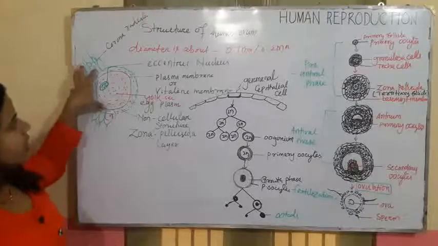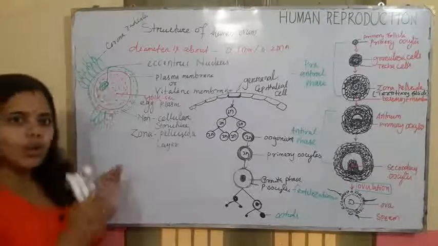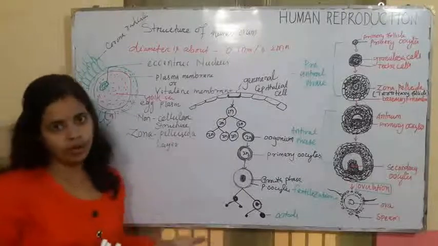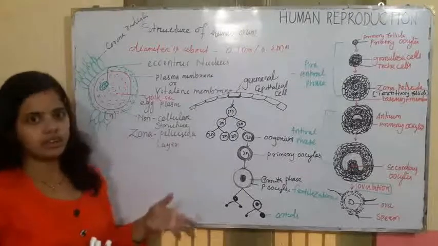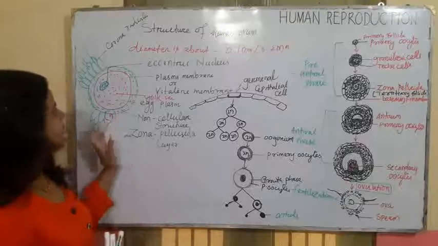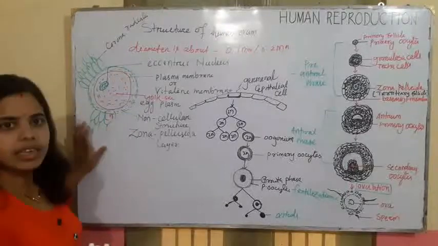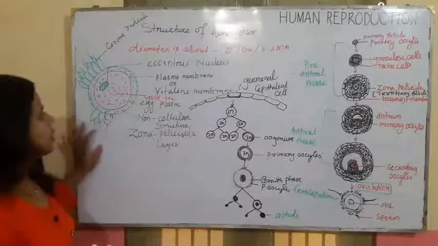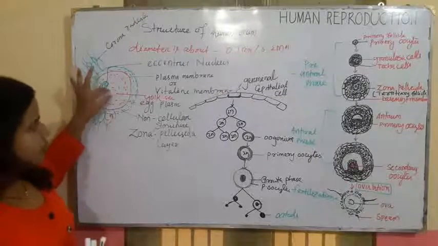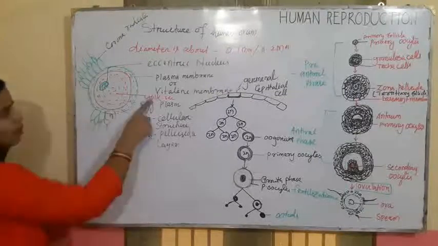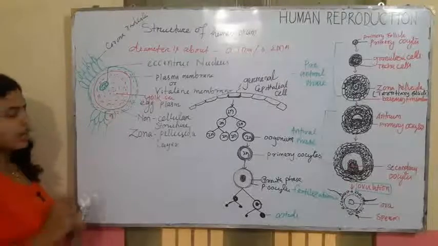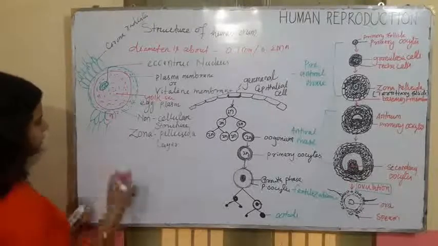When it is released from the ovary and reaches the oviducts, okay, at that time the structure of the human egg is examined in this way. And one more discussion we can have here, about the yolk cell. Yolk is of two types.